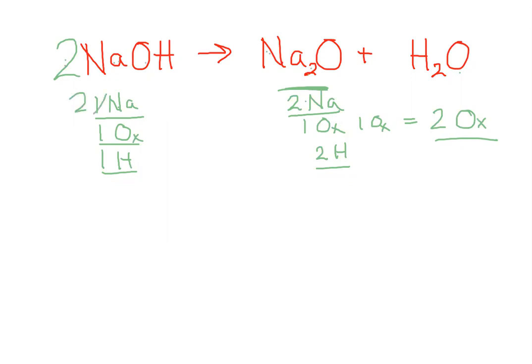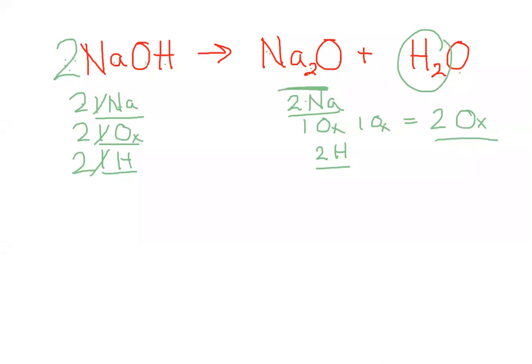Now I have 2 sodium, I have 2 oxygen, and I have 2 hydrogen. And now everything matches. 2 sodium, 2 sodium. 2 oxygen, 2 oxygens. 2 hydrogen, 2 hydrogen. So everything is balanced at this point just by putting this 2 coefficient out in front.